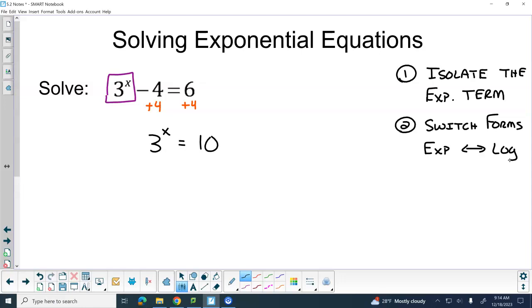You're going to isolate the log term, then switch forms with it, and then solve. So if I switch forms here, I would have log. What is my base? 3 is my base. What is my argument? 10. And that equals my exponent.